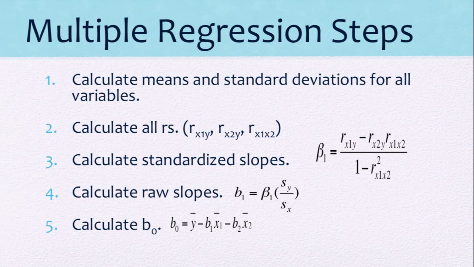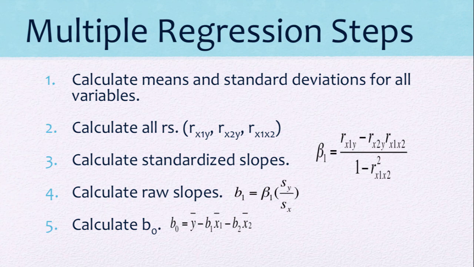Now, we know that after we've calculated our standardized slopes, we then have enough information to be able to identify our standardized multiple regression equation. But if we ultimately want a raw score regression equation, we are going to have to utilize our standardized slopes to calculate our raw slopes.